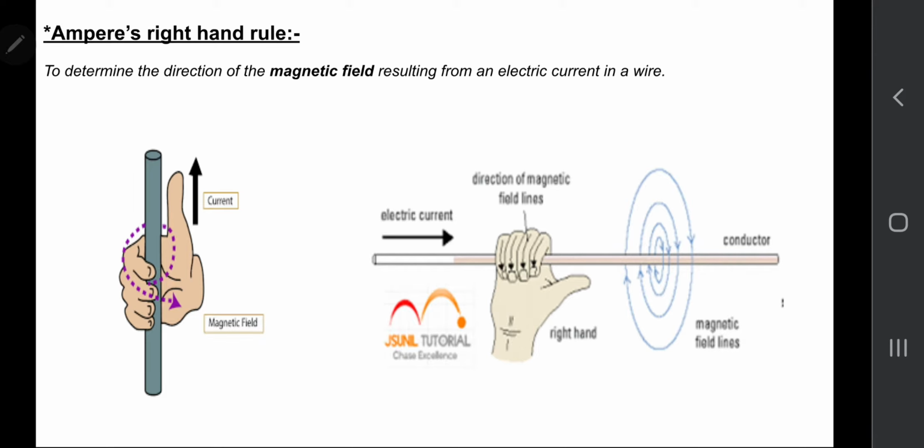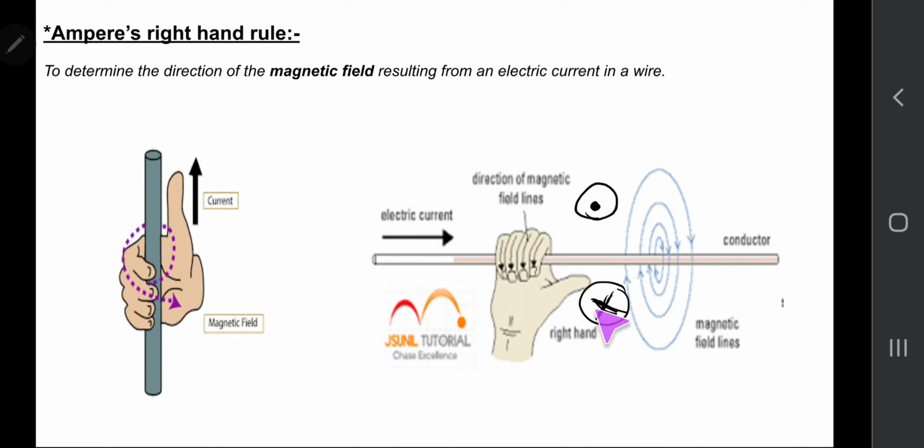If you put your hand on paper like this, the magnetic field comes out from here and enters here. Okay? Come out from here. A dot represents the current coming out, and a cross represents the current entering into the paper.